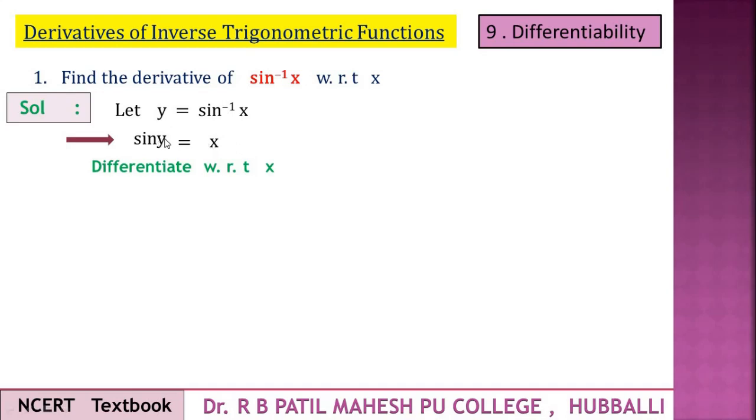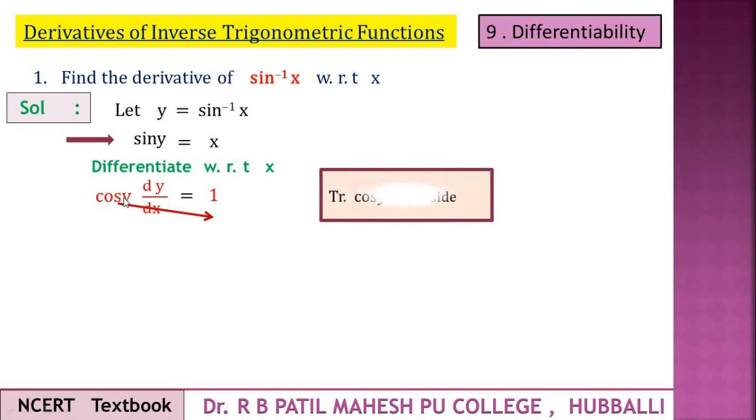The derivative of sine y is cos y into dy by dx, and on the right side it is a standard x variable function, so it is 1. Now we want dy by dx, so transfer the cos function to the right side. So dy by dx is equal to 1 divided by cos y.